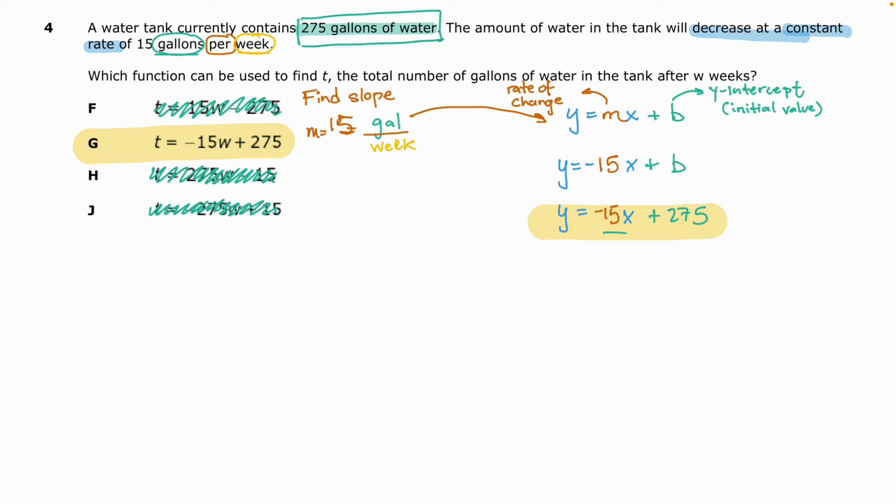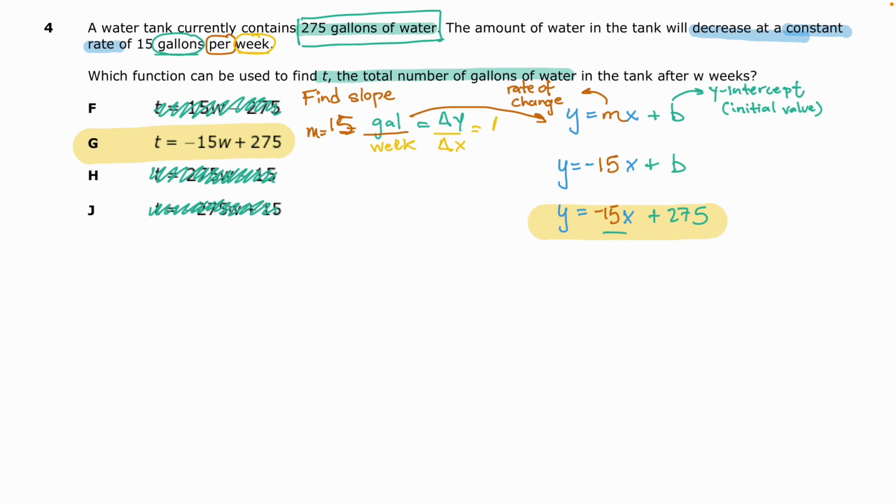If you wanted to go further, you can see that they ask us about a function where the total number of gallons is in terms of T. T is the number of gallons, which in our case, gallons was Y. If you remember, this is a relationship between Y and X values.